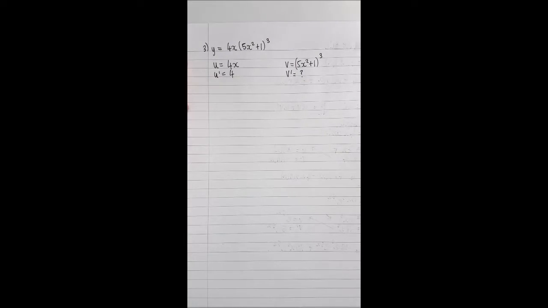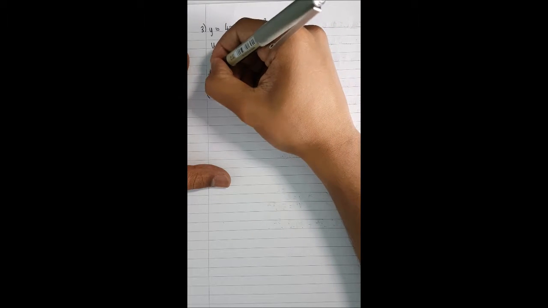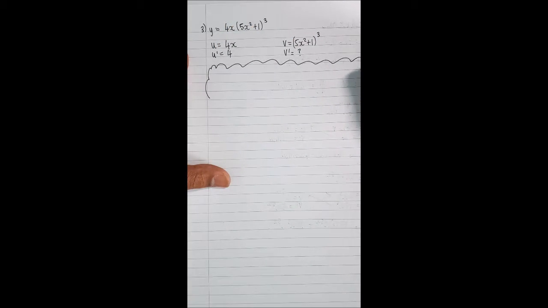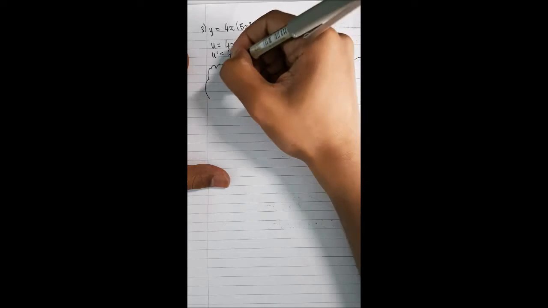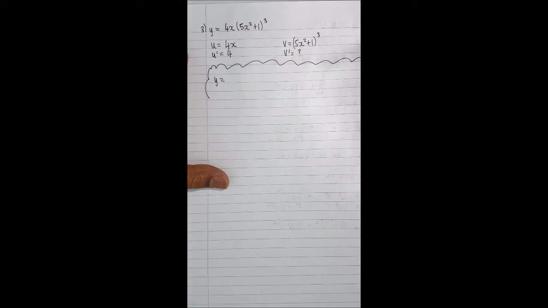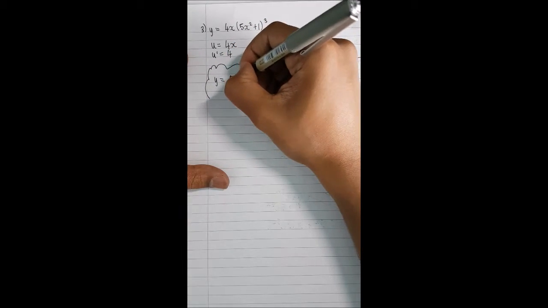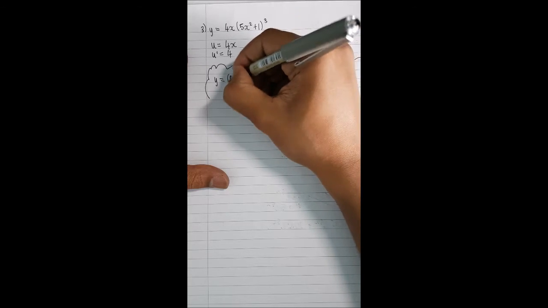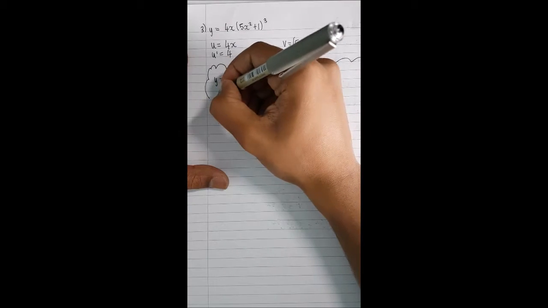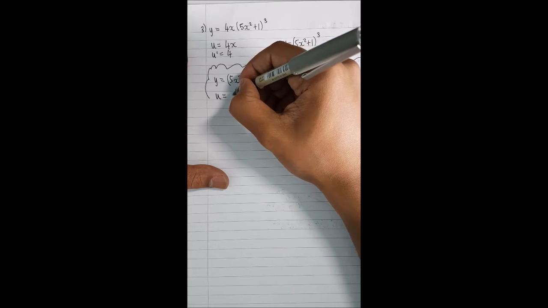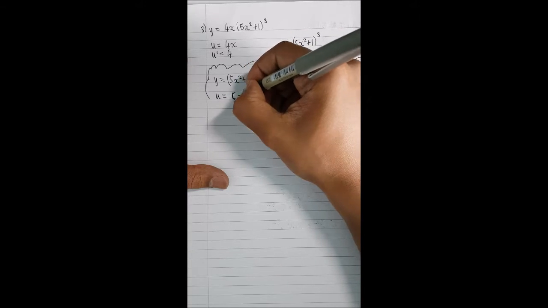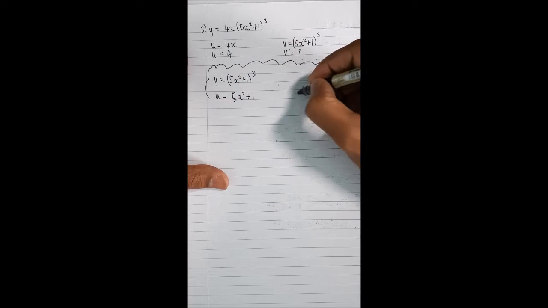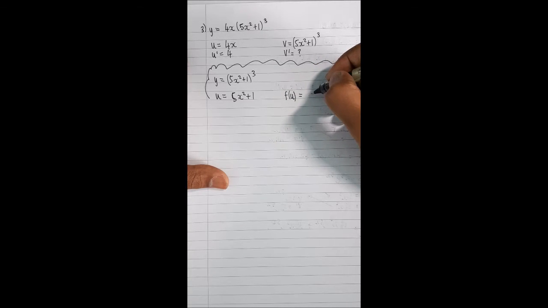You can see here that you have a function within a function, and so it requires use of the chain rule. So let's just draw a little bubble here and try to compute the derivative of v. Let's say y is equal to 5x squared plus 1 all cubed, and we are going to have to use the chain rule to calculate dy by dx. So u is equal to 5x squared plus 1, and f of u is equal to u cubed.